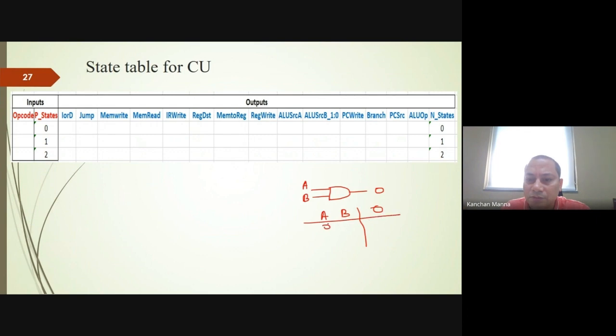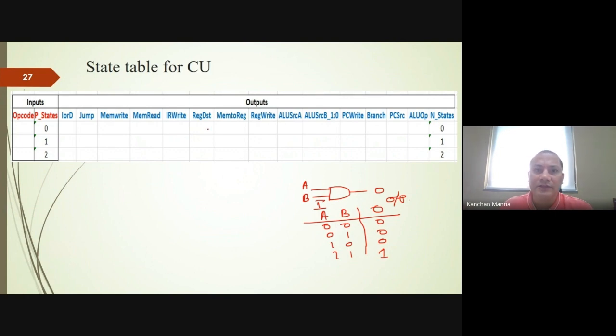So these are the possible inputs, and we have the relation 0, 0, 0, 0, 0, and 1. So now we have to find the relation between input and output. Similarly, by the same principle, we should also have the truth table.